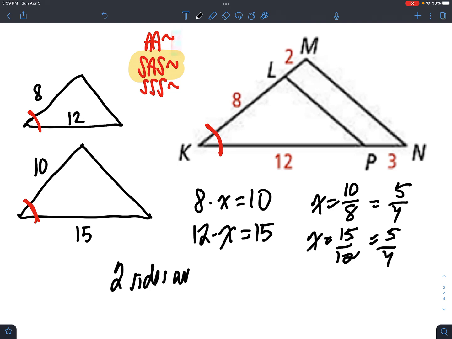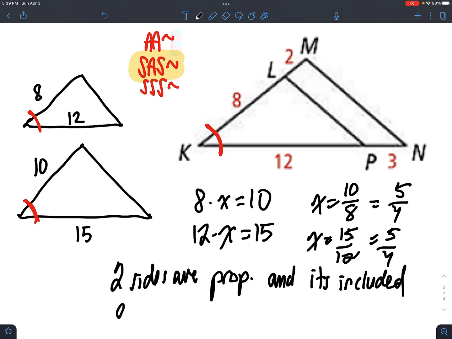So two sides are proportional, and its included angle, remember included means between, is congruent.